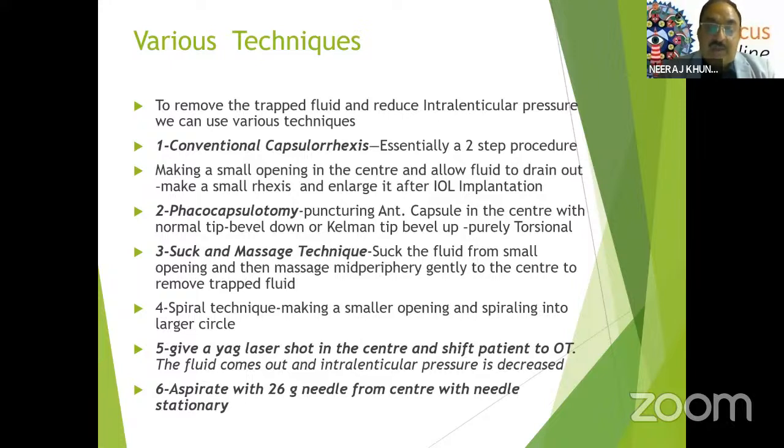Sixth is aspirate with a 26 gauge needle from the center with the needle stationary. So the sixth and second are active, you are pulling out the fluid, whereas in the first and third we are passively draining the fluid.